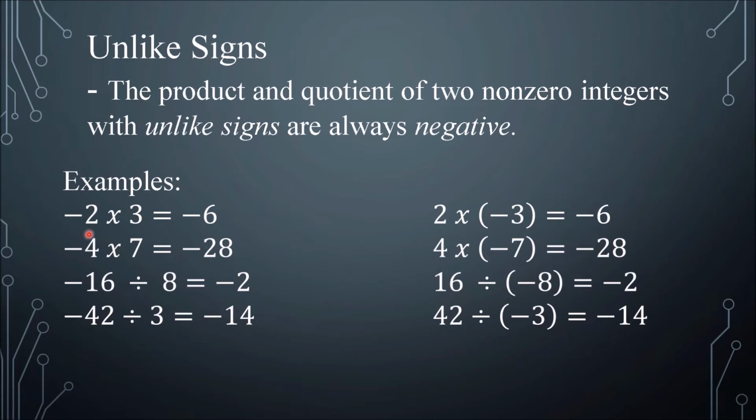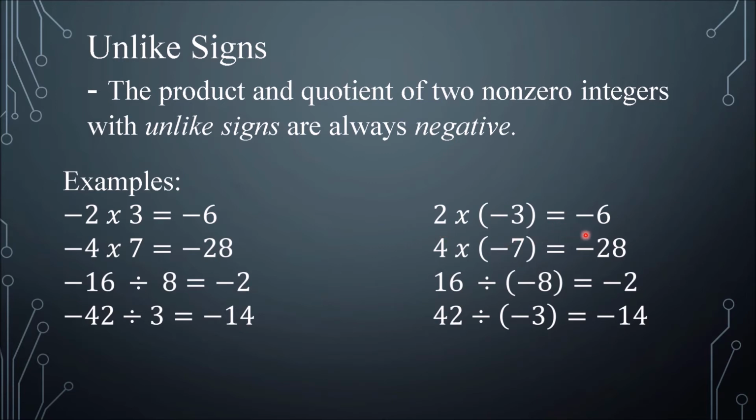So we have here negative 2 times 3 is equal to negative 6. Because negative 2 is negative and 3 is positive, they are unlike. That's why the product is negative. So we have 2 times negative 3 equals negative 6. Because 2 is positive and 3 is negative, they are unlike.